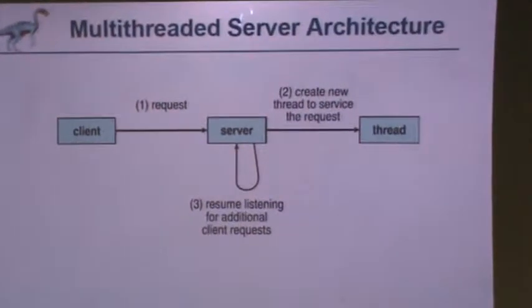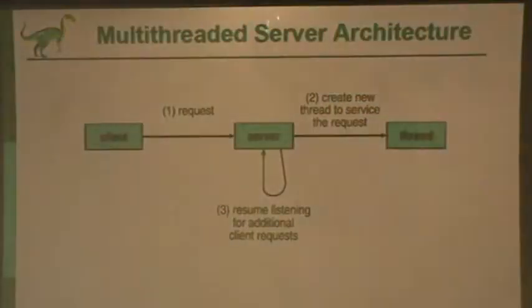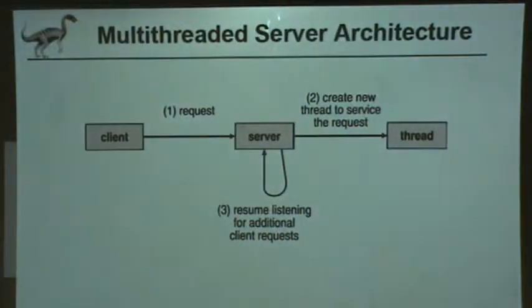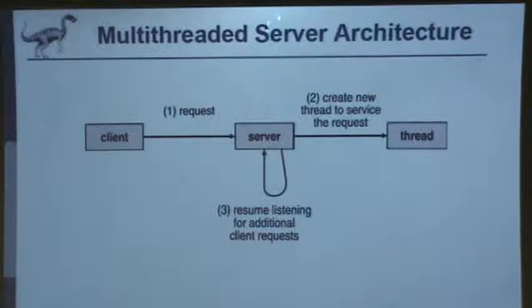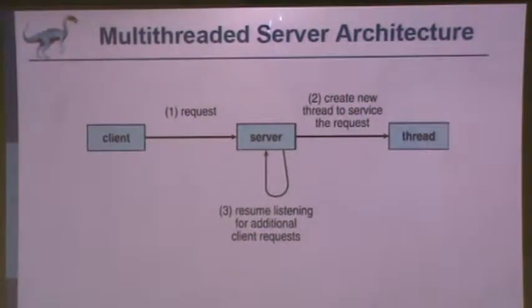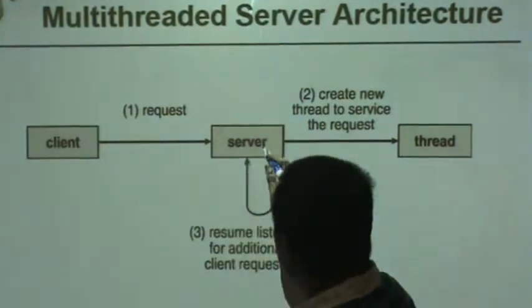Okay, this is a multi-thread server architecture. You will see the server running a listening thread which wants to receive requests from the client. It will run like a for loop.